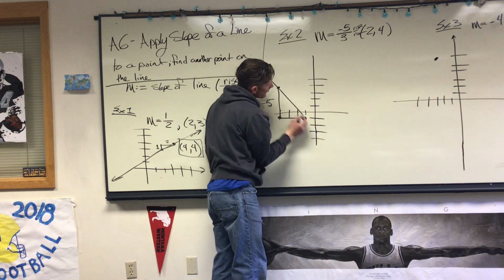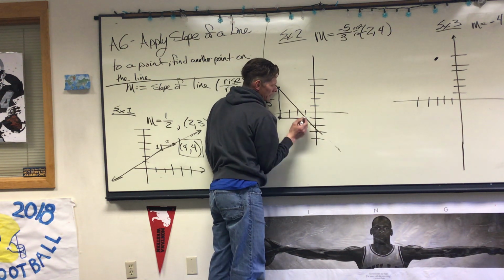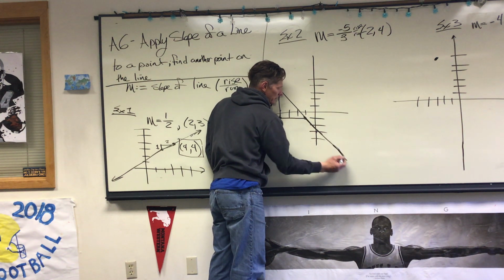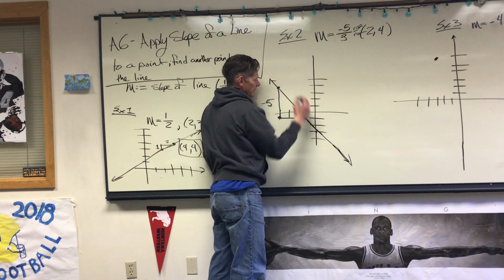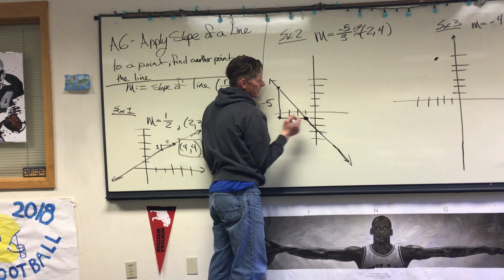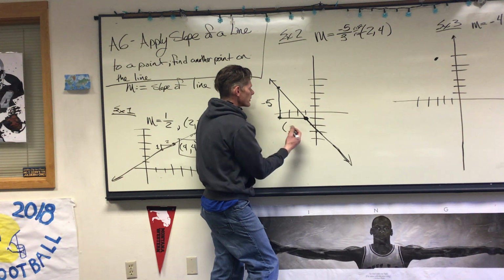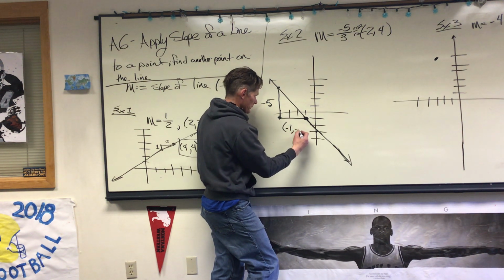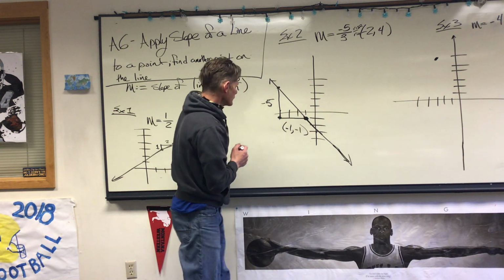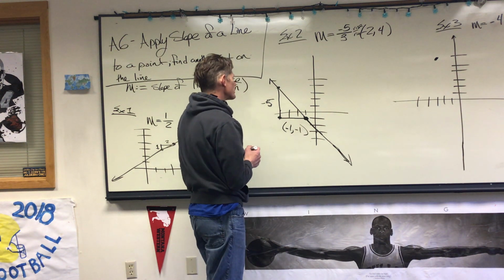And then the line, it likes to get a little curve there, huh? The line looks something like this. This is the point that I found using the slope, and we went down 5 and over 3, so we are at -1 and -1.